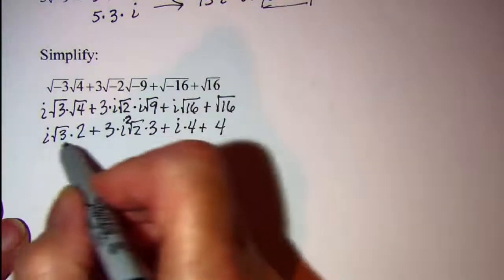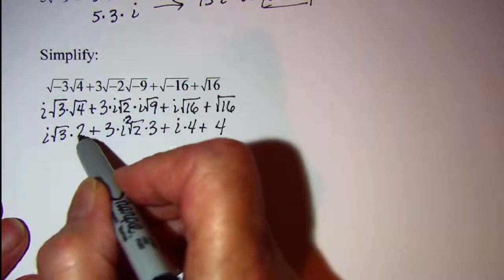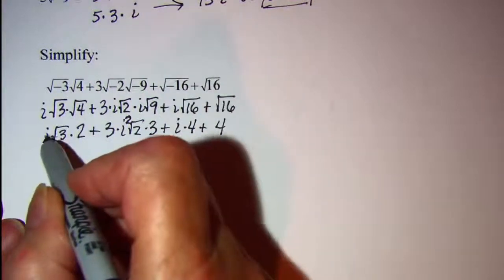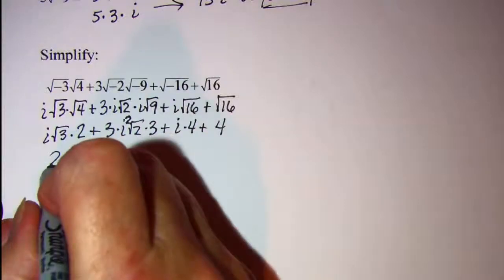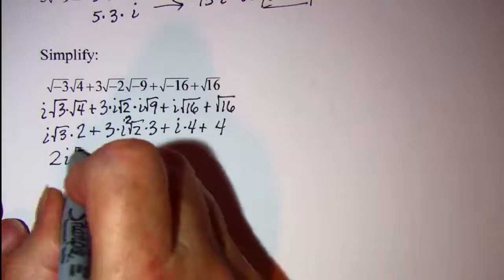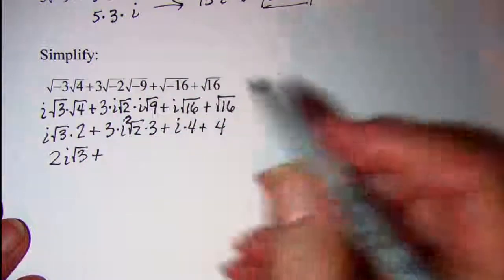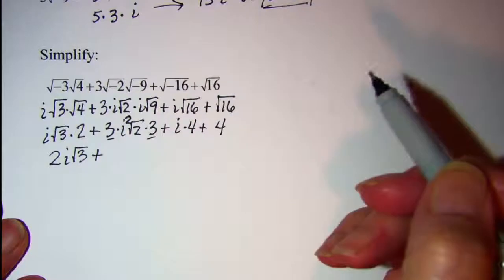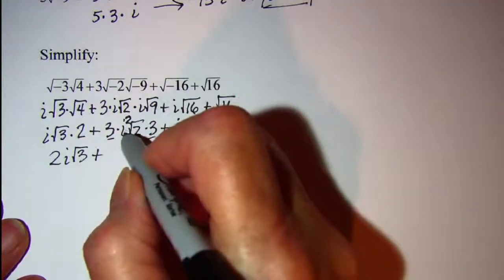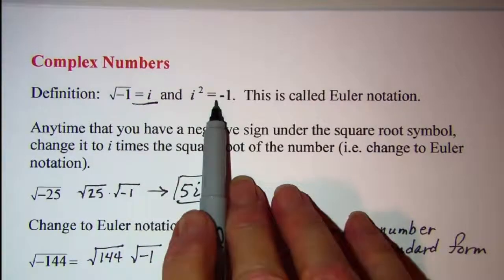For this term, usually you put your rational factor in front, so I would write this as 2i root 3. And then here I have a 3 times 3, which is 9, and this i squared, remember i squared is defined as -1.